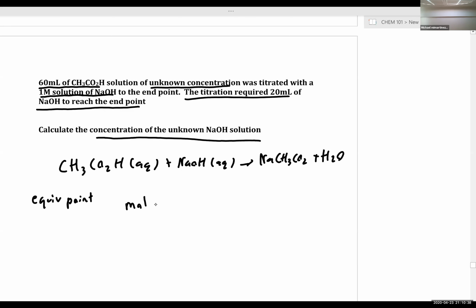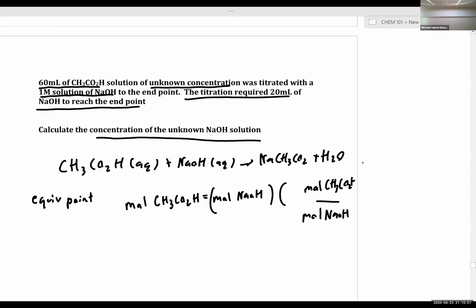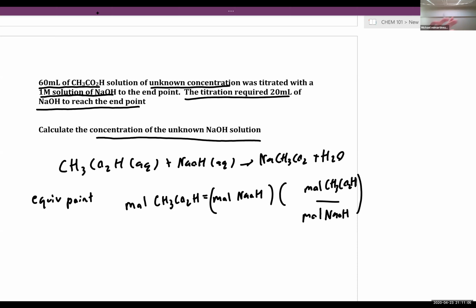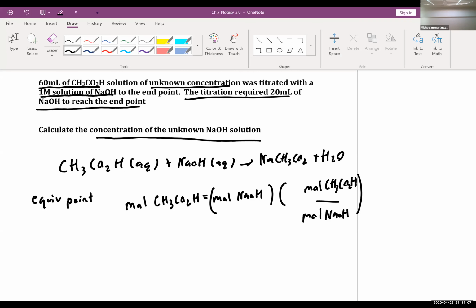So the moles of acid, which is acetic acid, are equal to the moles of base, which is sodium hydroxide, times, and now my question to all of you is, how many moles of acetic acid do we have per mole of sodium hydroxide? What is our mole to mole ratio? 1-to-1.